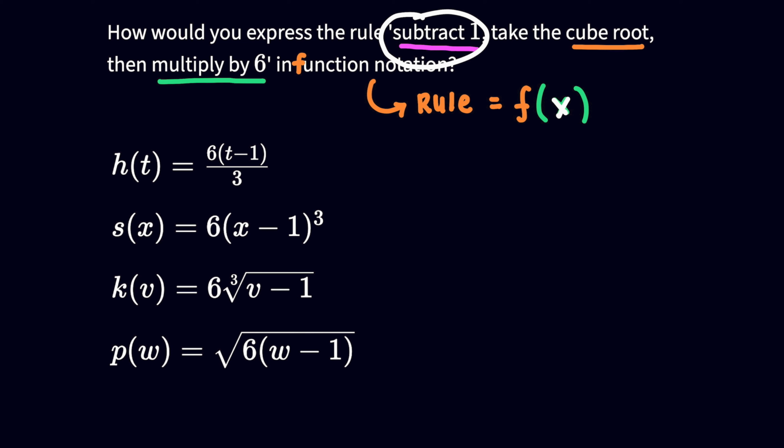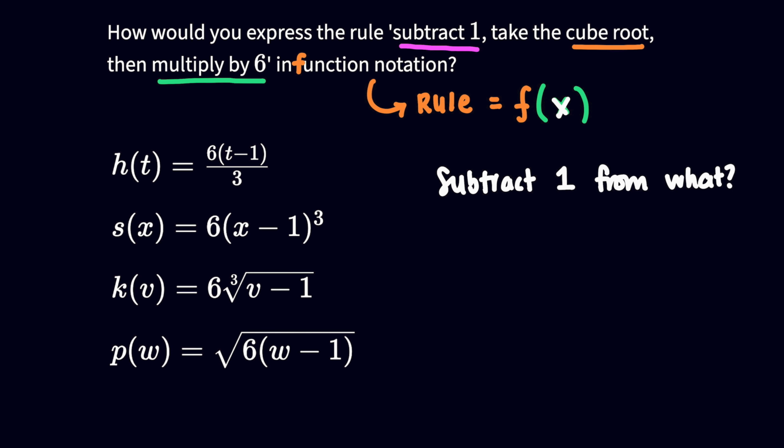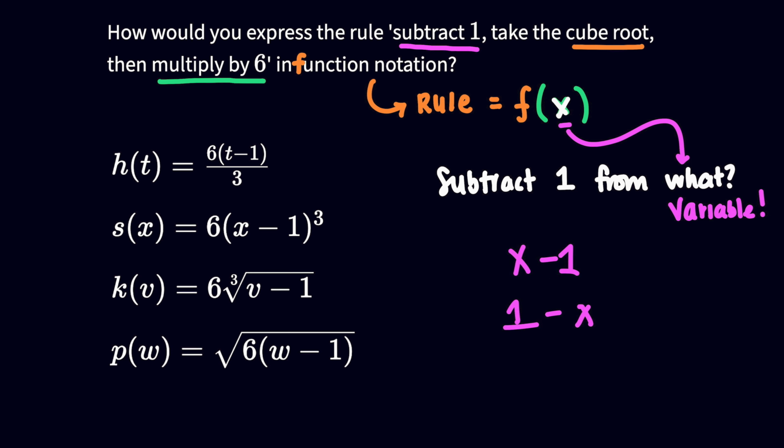The first thing that we're going to do is we're going to subtract 1. But you might be saying, subtract 1 from what? What are we bossing around? The variable, right? All the numbers possible. The x value, in my case. And if you're having a little trouble with knowing whether it's x minus 1 or 1 minus x, just look at the wording from what they gave you.